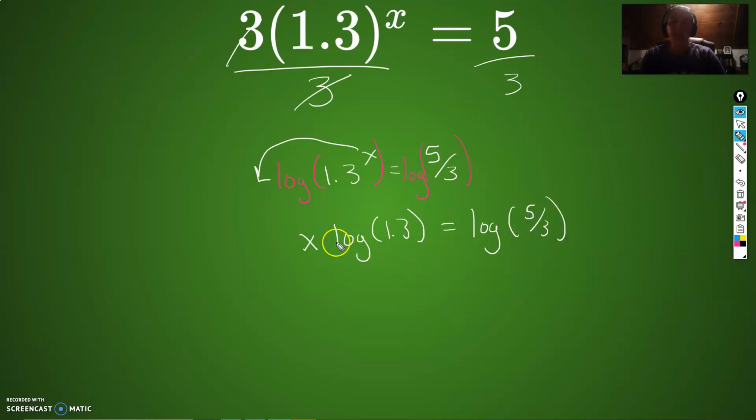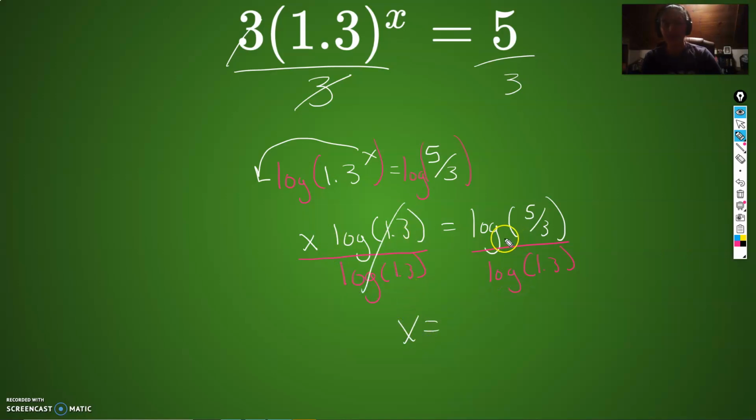How do you get rid of anything that's with the x? Oh, you divide. So our next step is to divide by log of 1.3. Remember, log of 1.3 is just a number, so this is no different from dividing each side by 5 or something. Those cancel out.